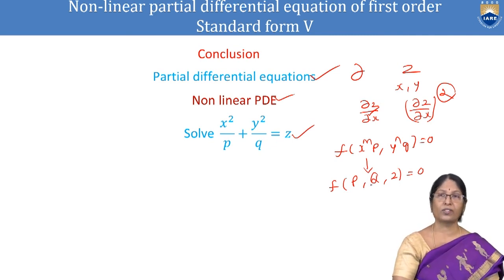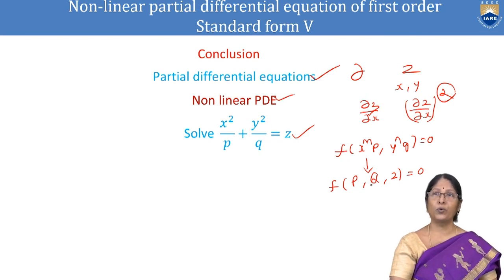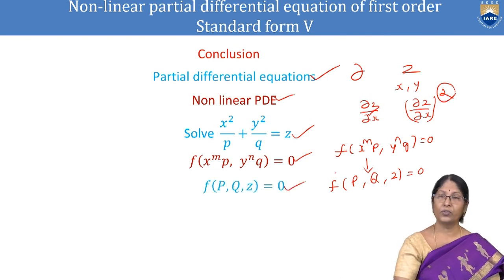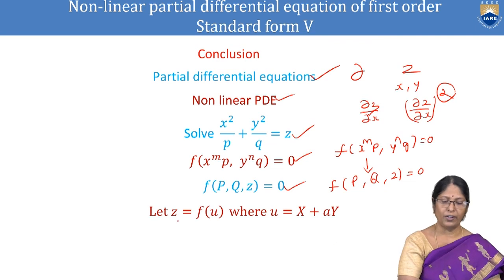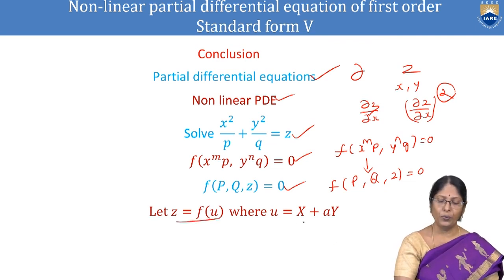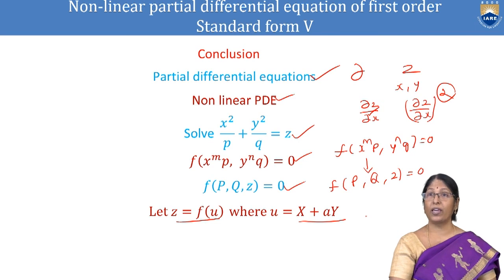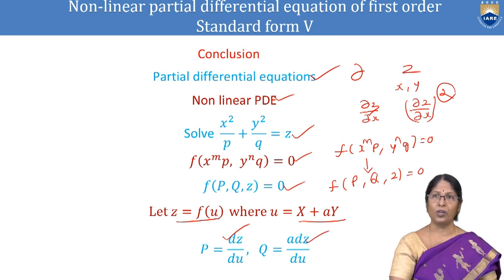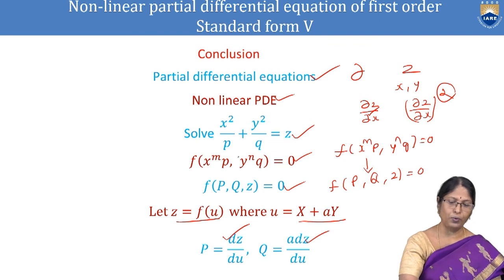According to standard form 2, we substituted p and q assuming some value and we did the integration. So this is standard form 5. It is reduced to standard form 2 and z equal to f of u, u equal to x plus a y. The p is taken as dz by du, q is taken as a into dz by du, which we substituted in our standard form 2.